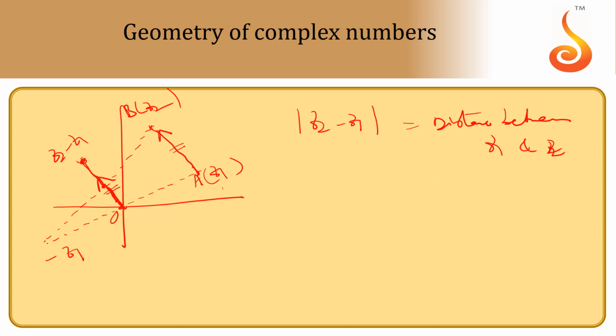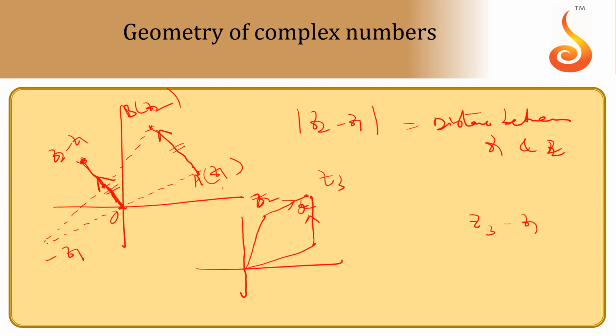Similarly, suppose we have Z1, Z2, and some Z3 here. Then this is the vector Z3 minus Z1, and this is the vector Z2 minus Z3, terminal minus initial. Then this is, let us say, theta. By parallel shifting we can show that Z3 minus Z1, your wish, co-terminal or co-initial.